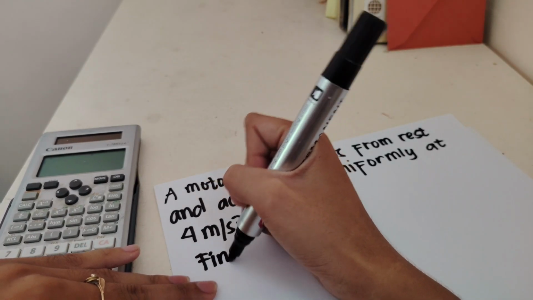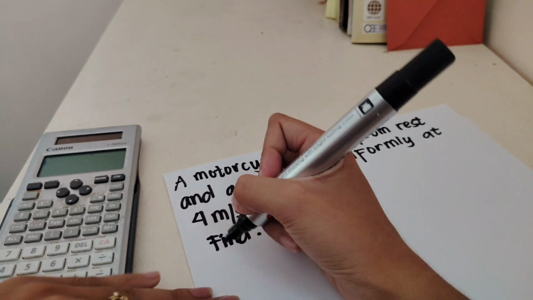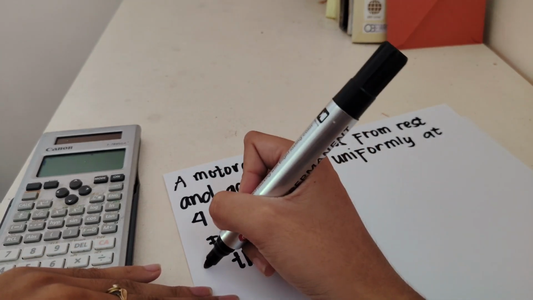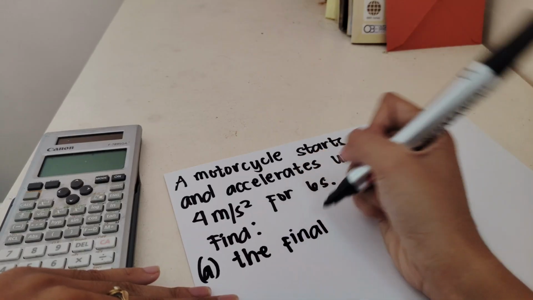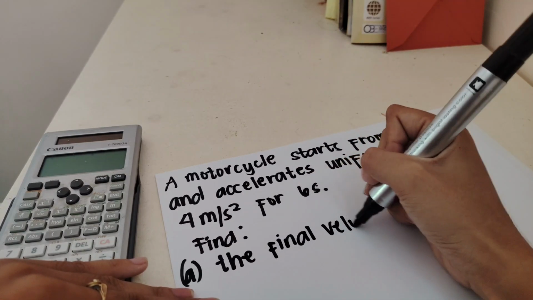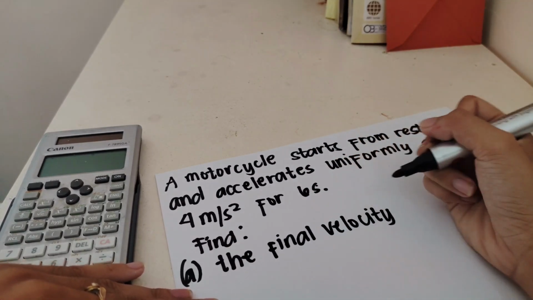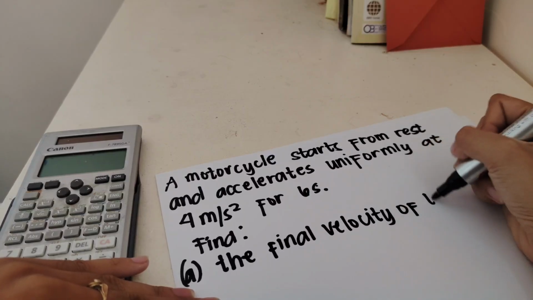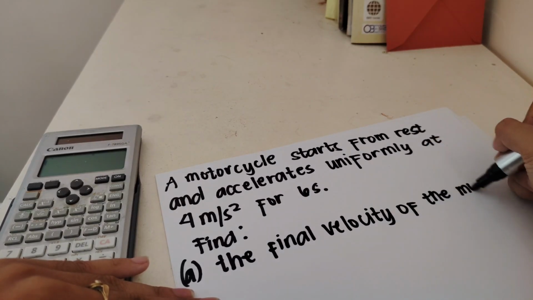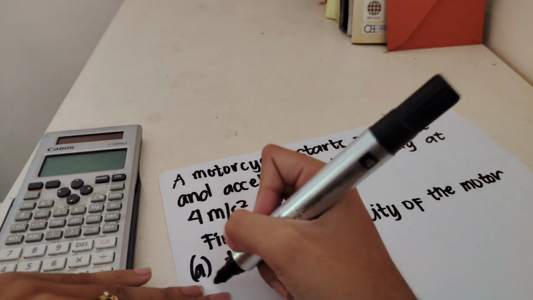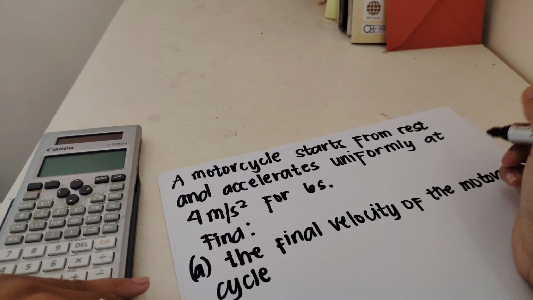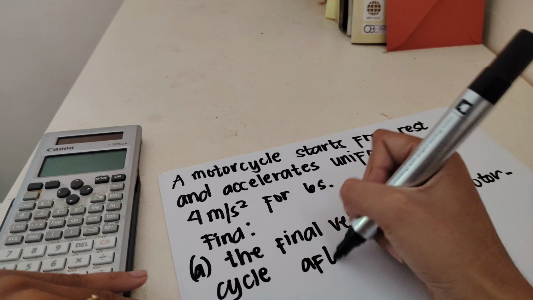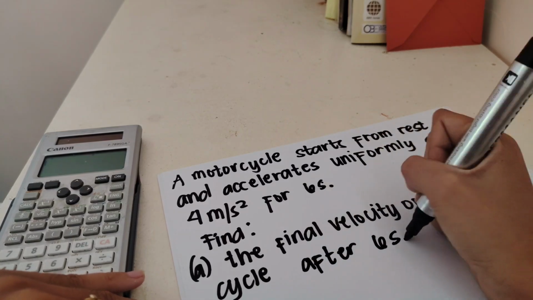Find the final velocity of the motorcycle after 6 seconds.